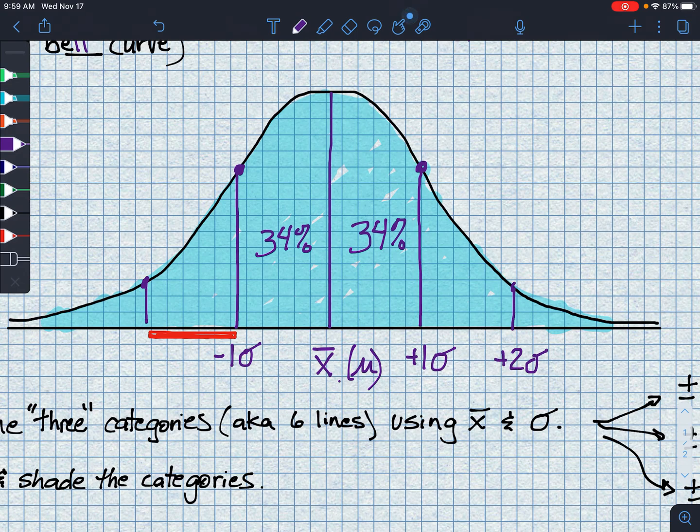So come up there, come down, and that would be -2 standard deviations. Now the area under this new region is smaller, as you can see. Precisely, we know that the area is 13.5% of the population. That is between 1 and the second standard deviation.